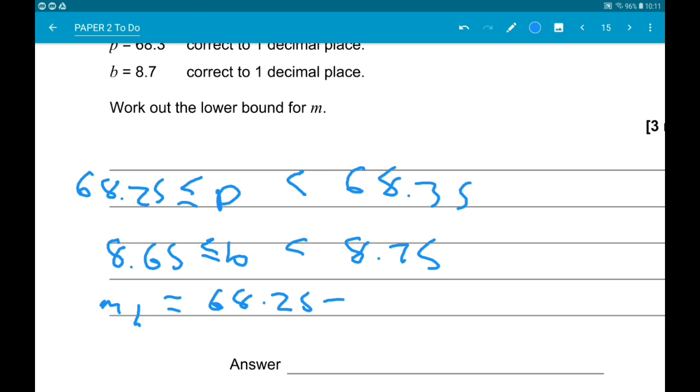So even though B cannot be 8.75, that's the value we use as the upper bound. So minus 2 lots of 8.75, that's all over 2. And you should get 25.375.